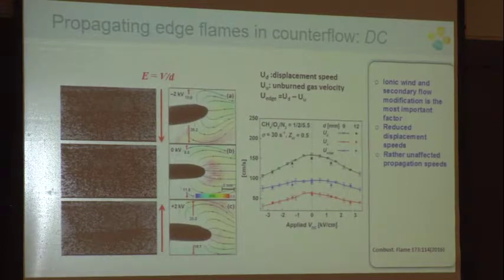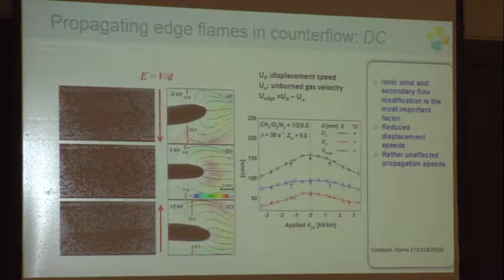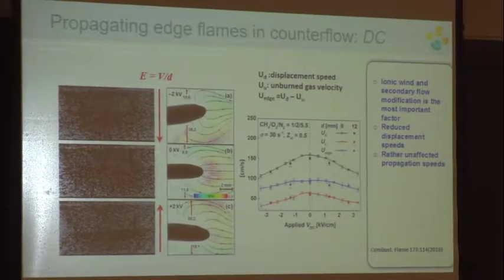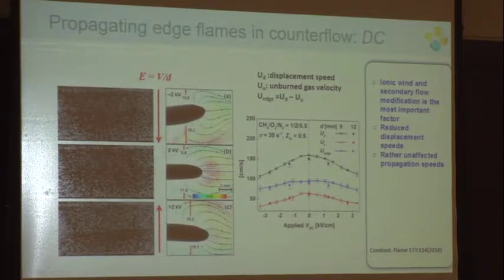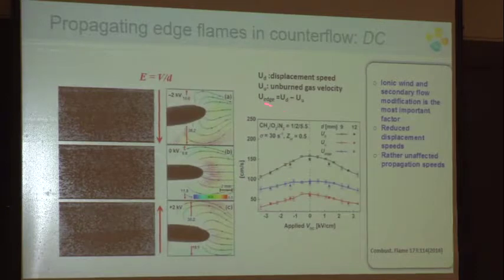Then he measured the flow speed, which is the unburned gas in front of the flame. The difference between these two, the displacement and the flow speed, will be the flame propagation speed, right? Correct? So this is the displacement speed, and this is the fluid mechanics speed. The difference between these two will be the edge flame speed.